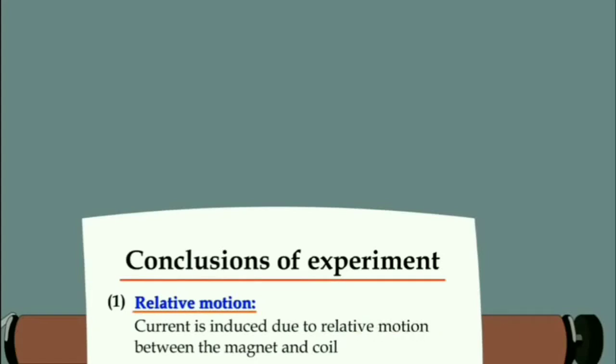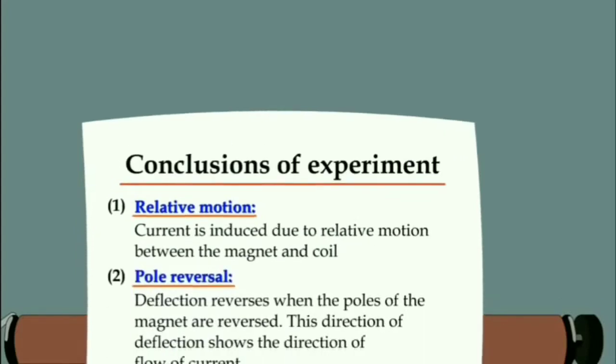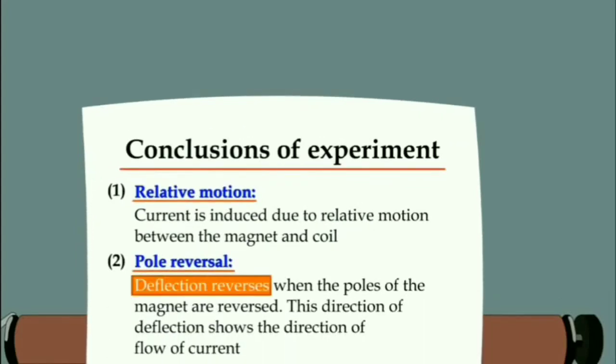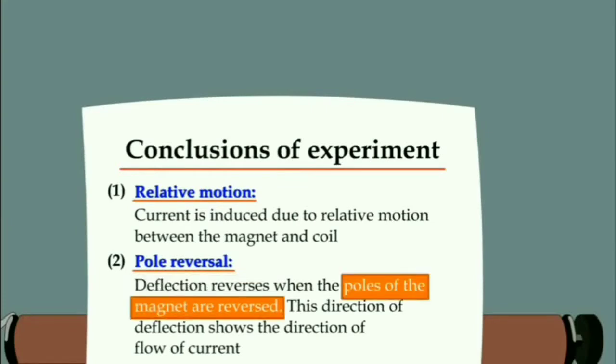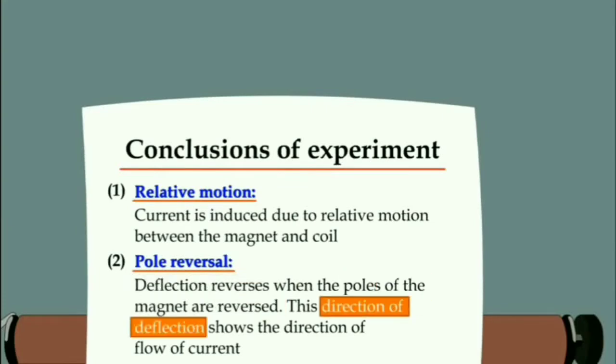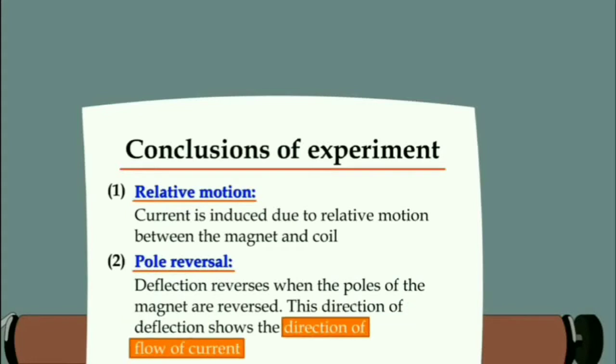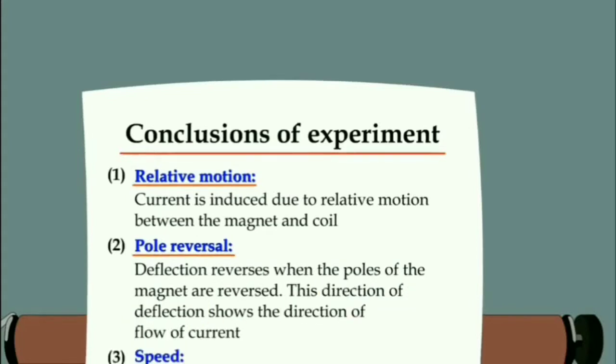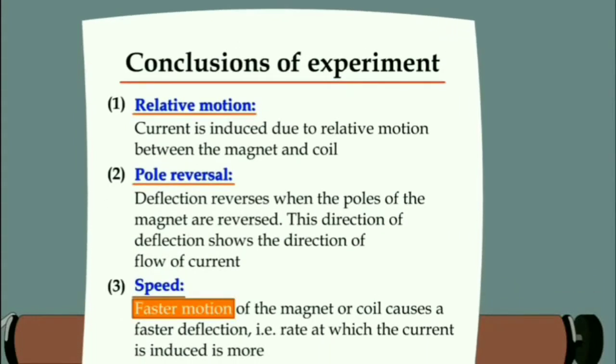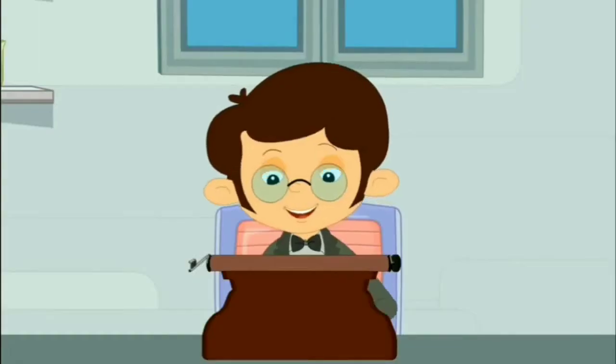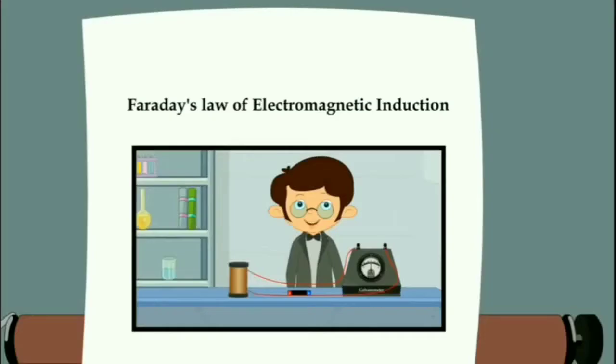Current is induced due to the relative motion between the magnet and the coil. Deflection reverses when the poles of the magnet are reversed. The direction of the deflection shows the direction of the flow of the current. And faster motion of the magnet or the coil causes a larger deflection, that is, a higher rate at which current is induced in the coil.